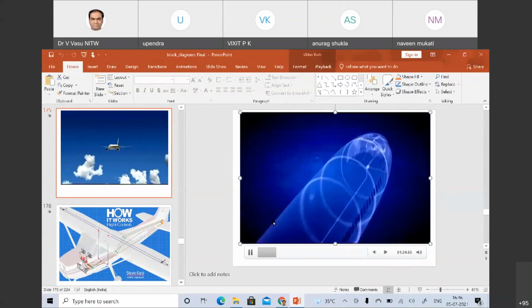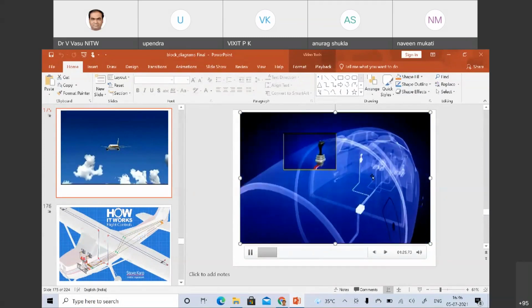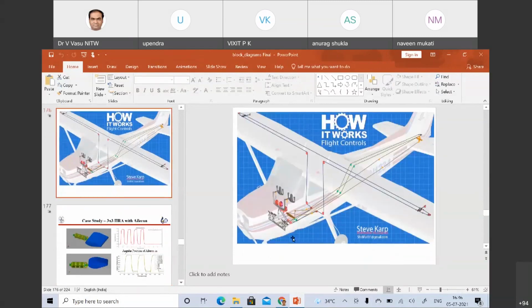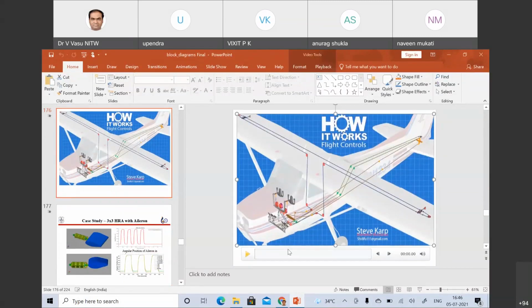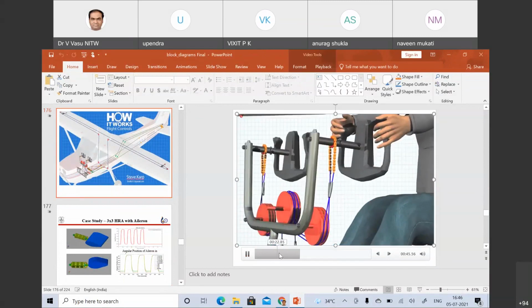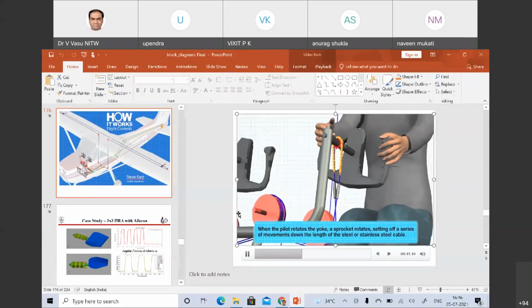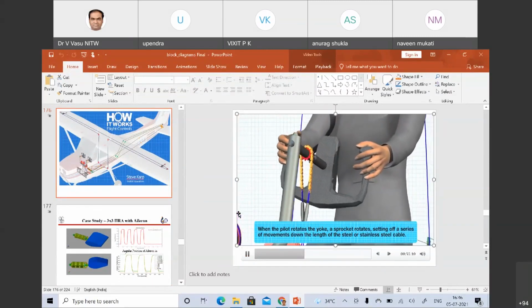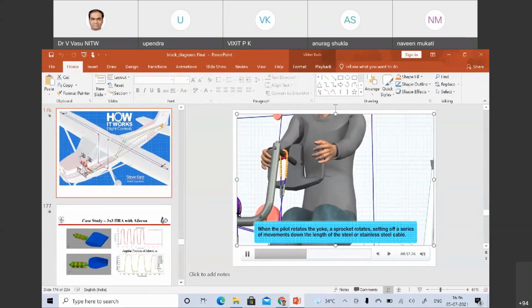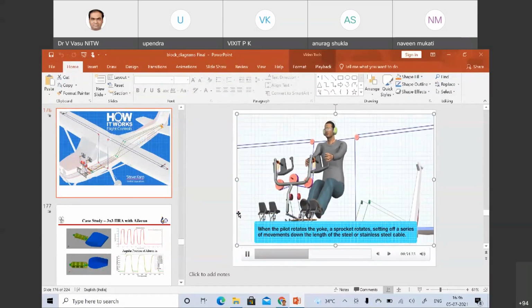By rotating this, they give the action the flight needs. You can understand this better if you see this video: for flight control, these are the different controls that have to be used.